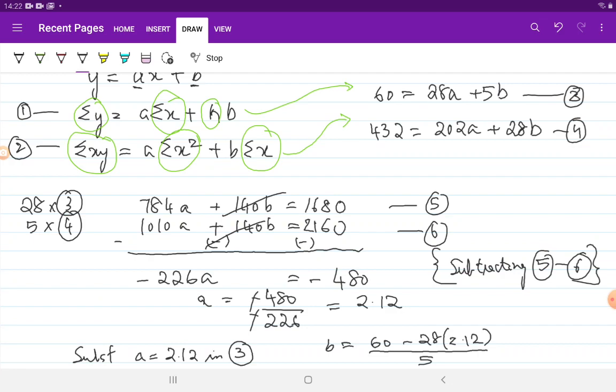So that would be 0.64 in the numerator, so approximately 0.13.